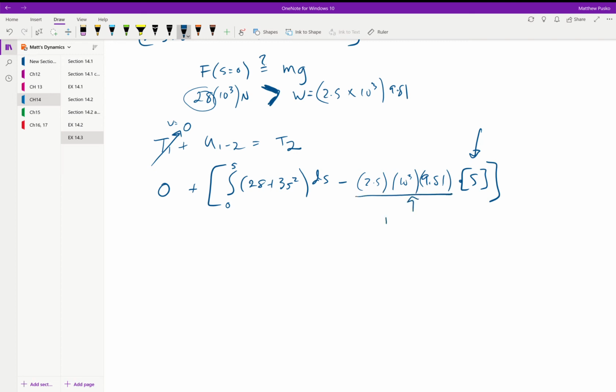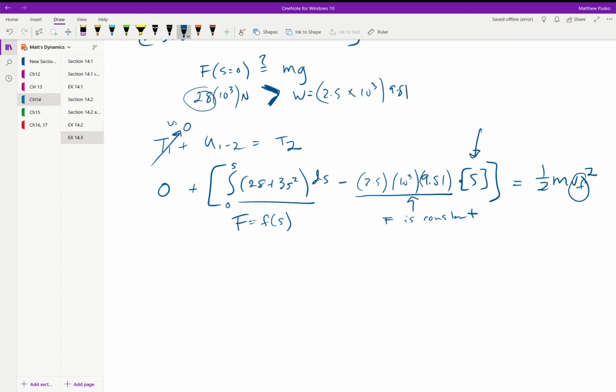Well, this force is constant. F in the other term is a function of position, so we have to integrate it. And this is all going to equal some 1/2 mv final squared, or some T2, kinetic energy.